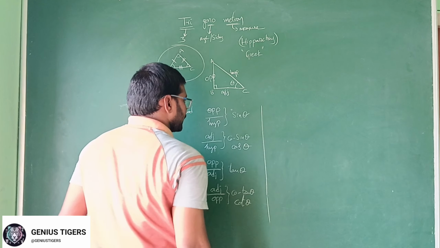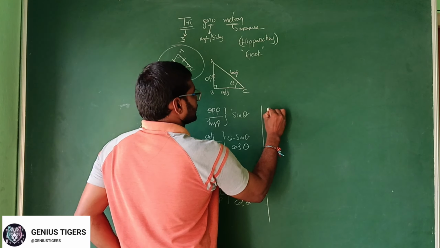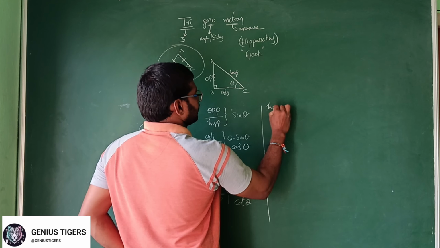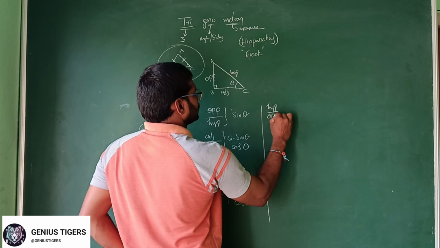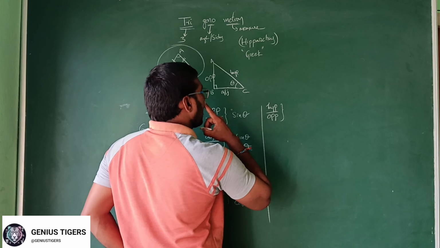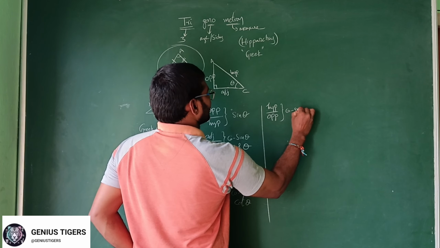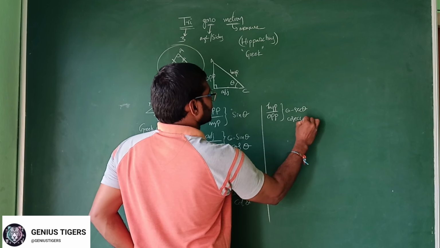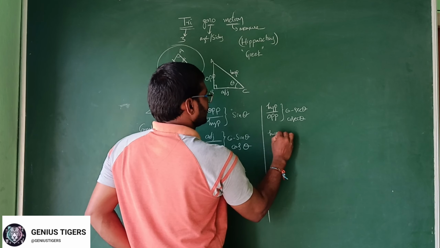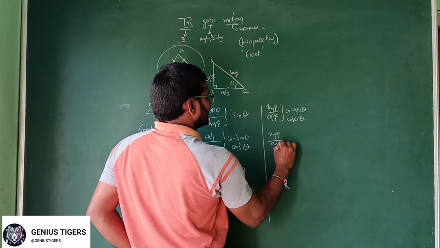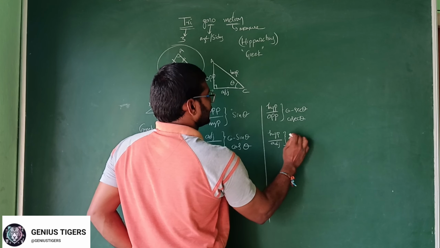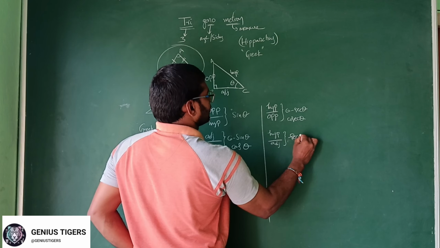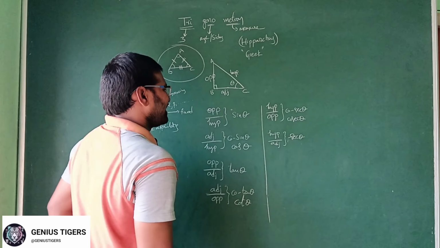Hypotenuse by opposite is called cosecant theta. Hypotenuse by adjacent is called secant theta.